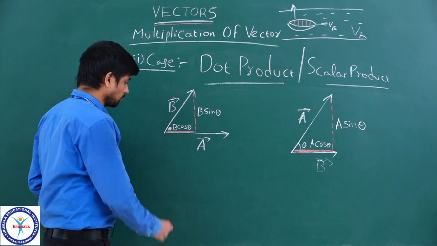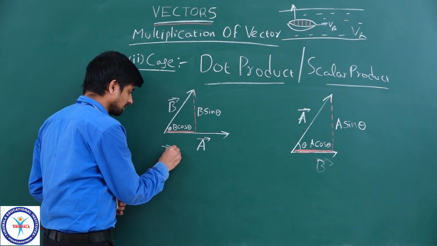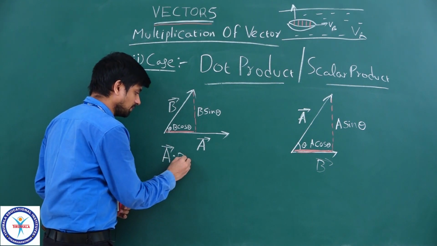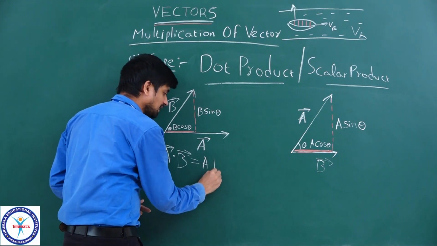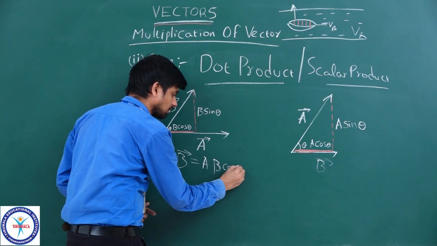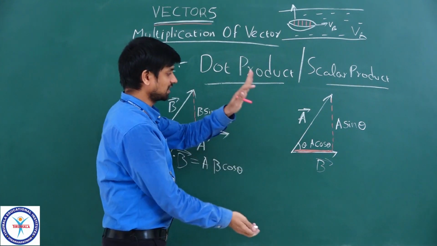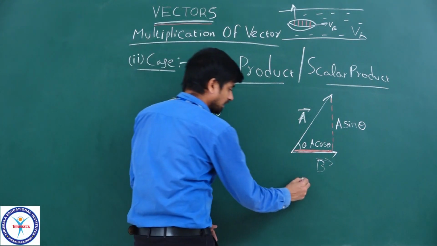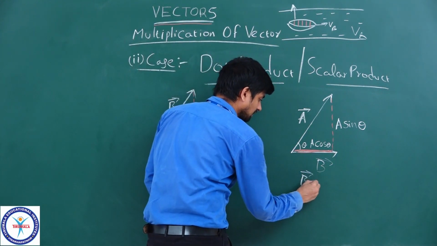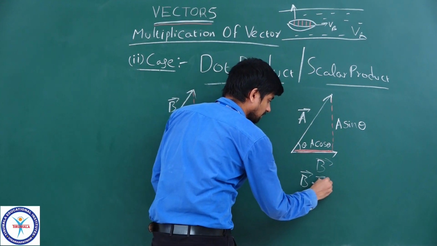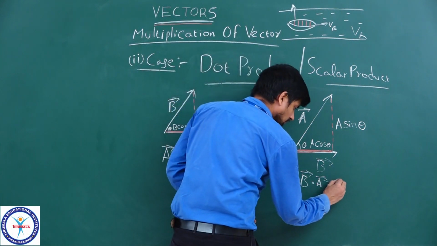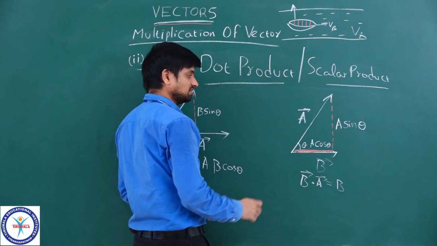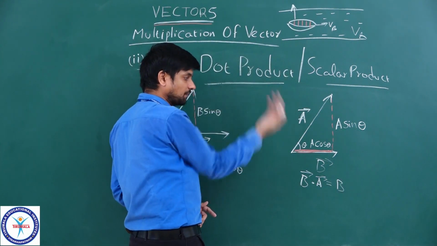So here, if you want to take the product A bar dot B bar, it gives you AB cos theta. In the reverse case, I am taking B bar dot A bar: the magnitude of the first vector B and the second vector's projection on the first vector.